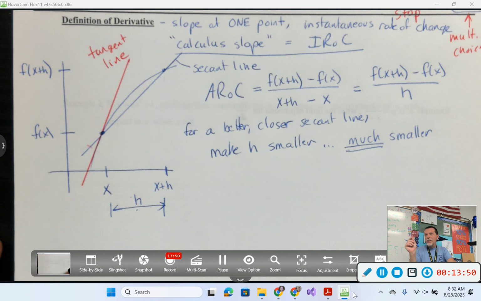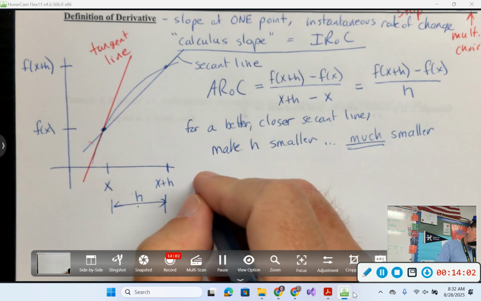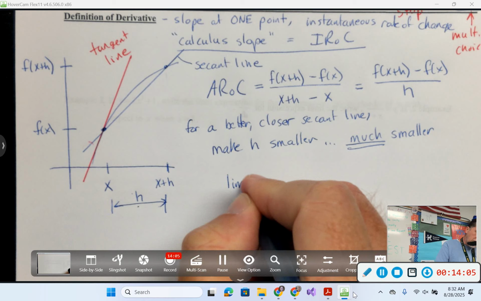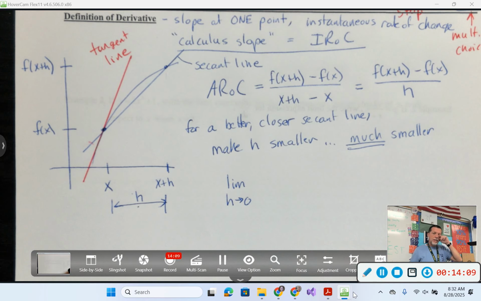Like if we could get it really, really close to x, then my secant line would basically be my tangent line if I could shrink h all the way down. Does that make sense? Well, if we shrink it all the way down, maybe we should just take the limit as h goes to 0.